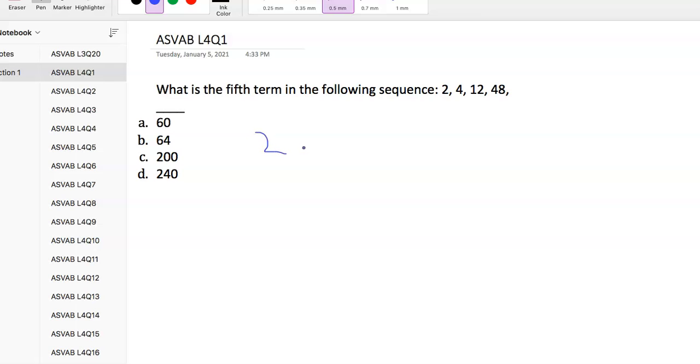I got 2, and 2 times 2 is 4. Then the next number is 12. I had a 4 right there, and this one's times 3. A lot of times the patterns are like you multiply by 1 more each time. So it's starting to look like maybe that's what we got here.